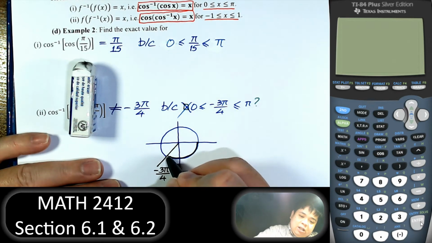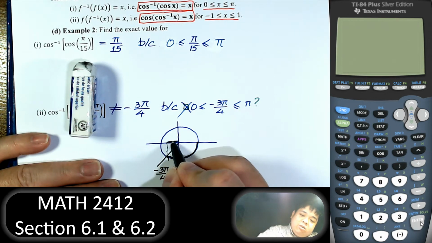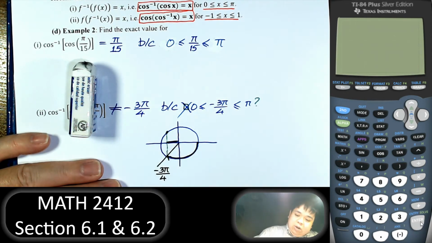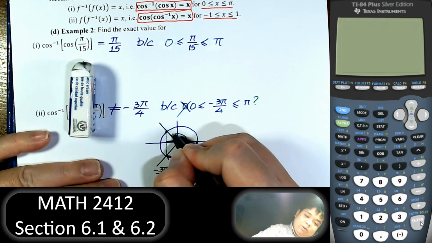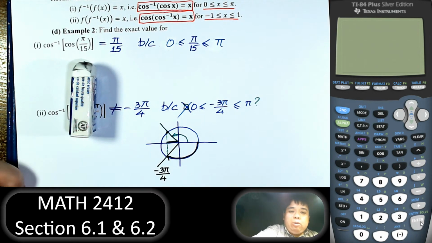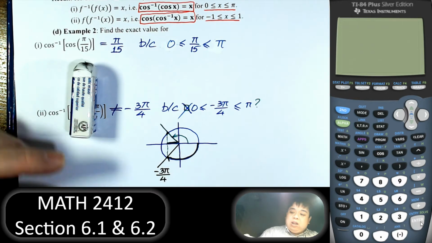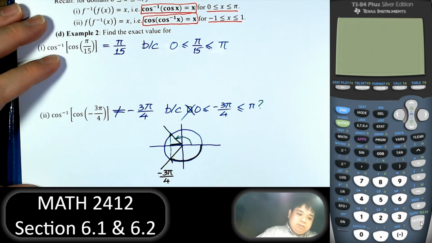Now notice that, remember, cosine is the x values, right? So we have to choose the one that has the same x values. So the answer has to be whatever this angle is. Well, they both divide by 4, and clockwise is negative, counterclockwise positive. That will be 3 pi over 4.